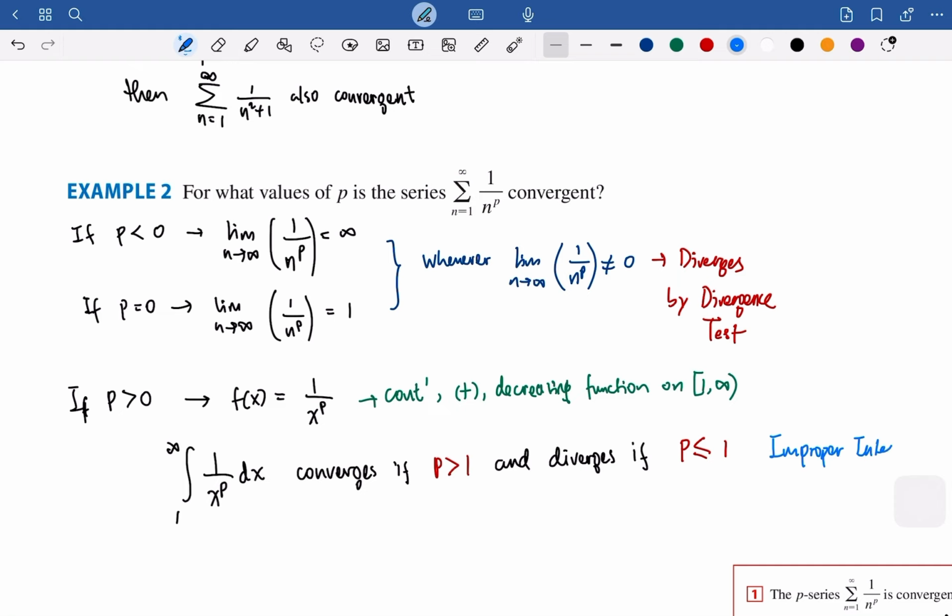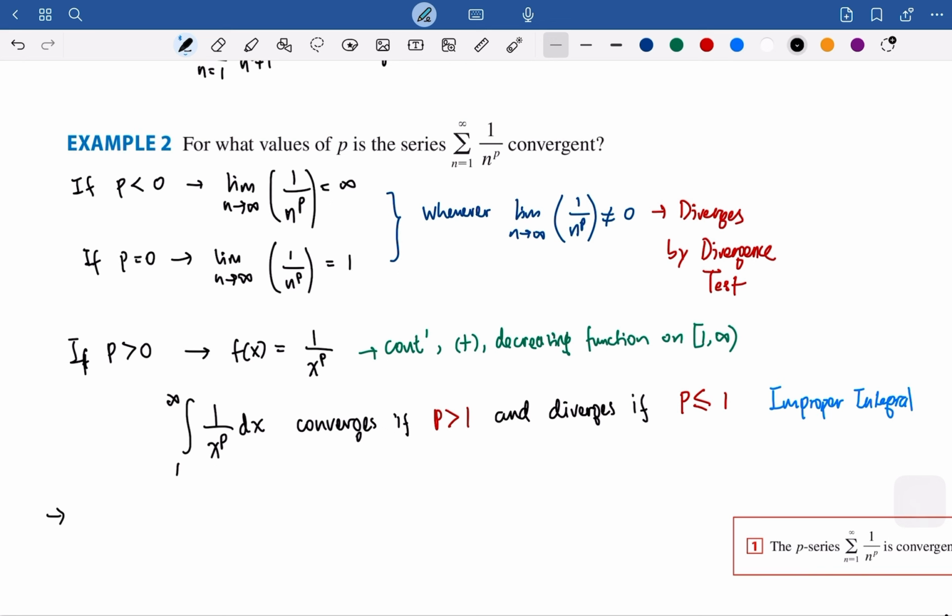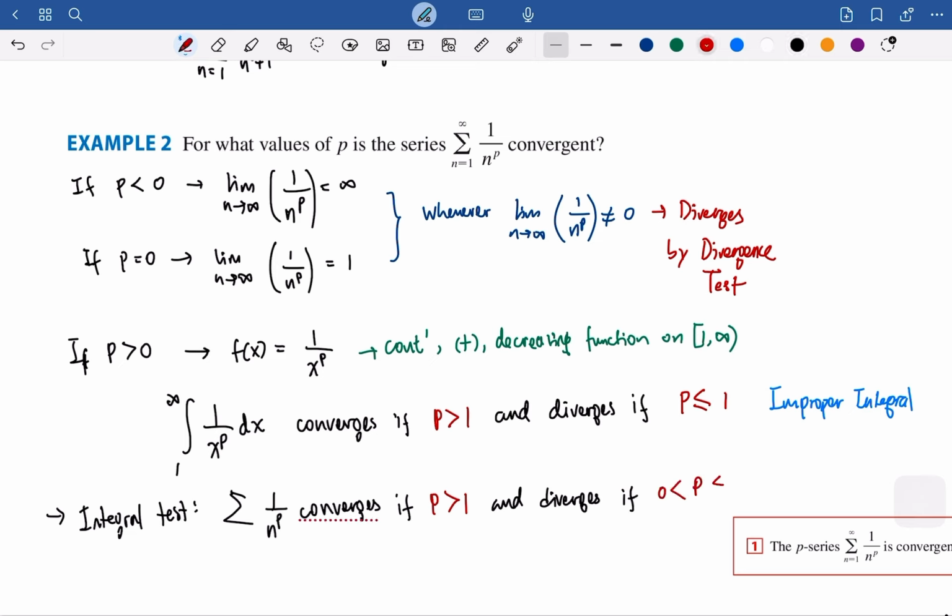And using the same or a similar argument in the integral test, the series 1 over n to the power of p converges if p is greater than 1 and diverges if p is between 0 and 1.